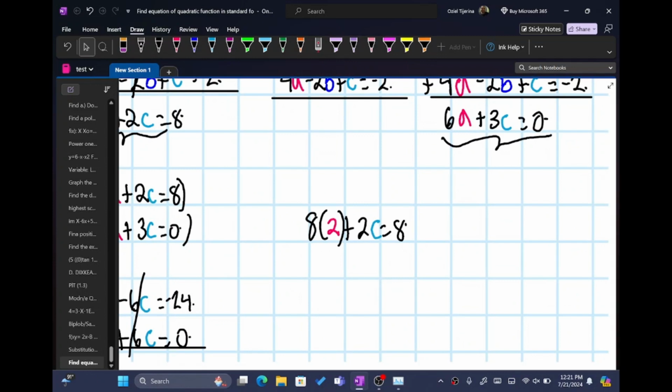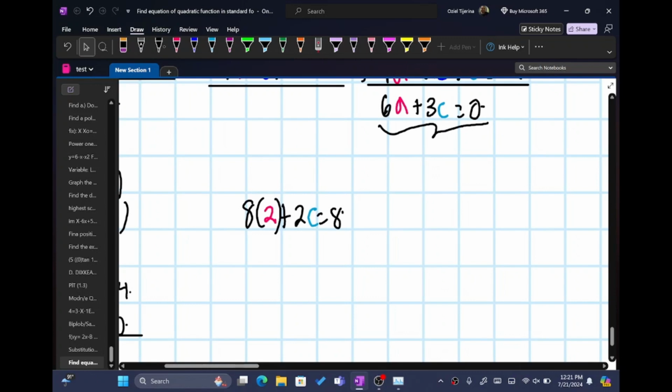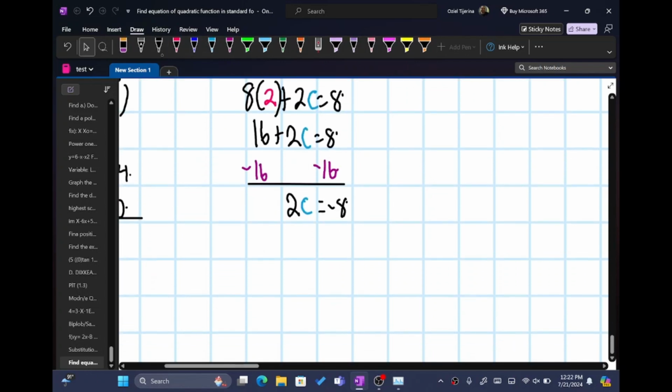So 16 plus 2c is equal to 8. Then we subtract 16 on both sides and get 2c is equal to negative 8. Then divide by 2, and we get c is equal to negative 4.